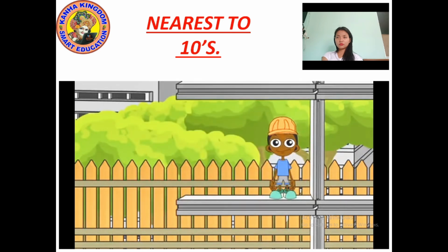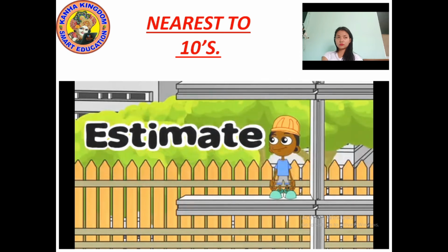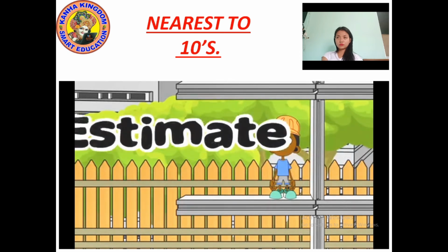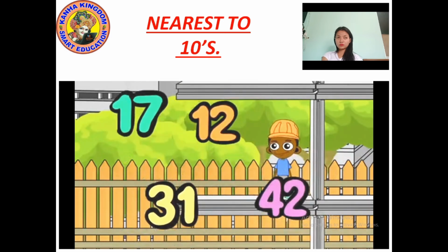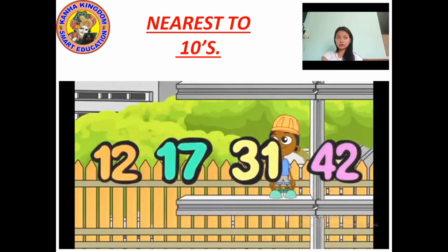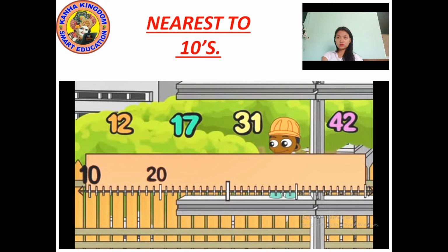Rounded numbers help you solve everyday problems where you don't need an exact answer. That's called an estimate. If you know how to put numbers in order and can skip count by tens, you can learn to round any number to the nearest 10 with ease.